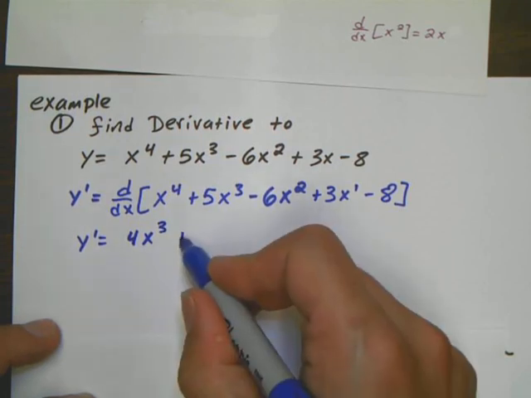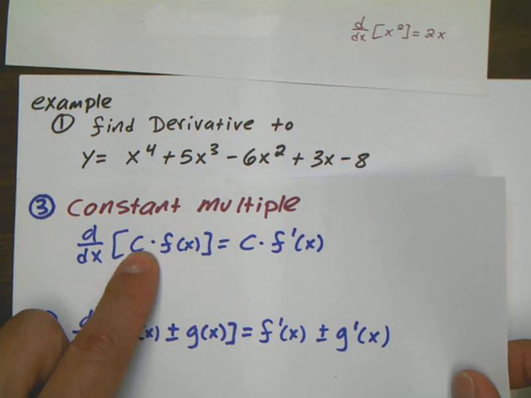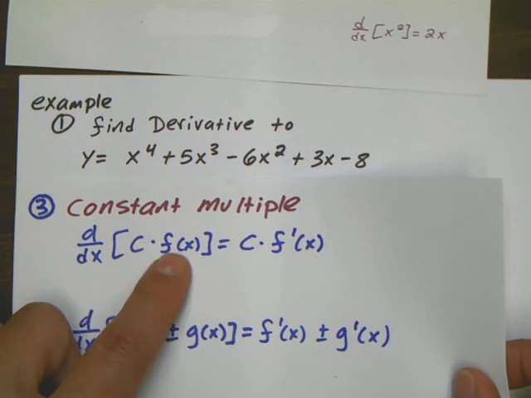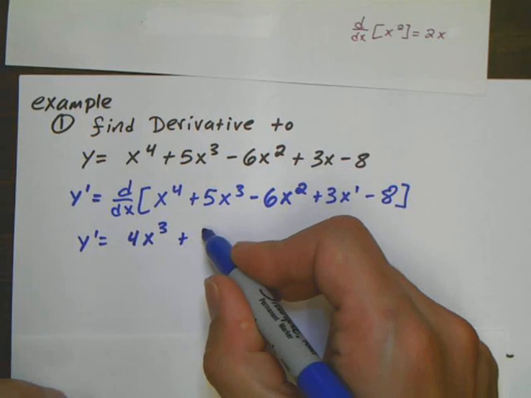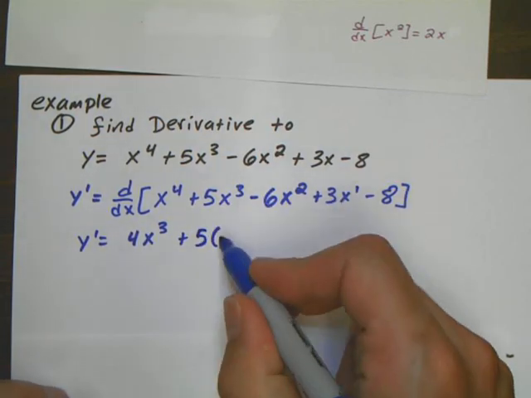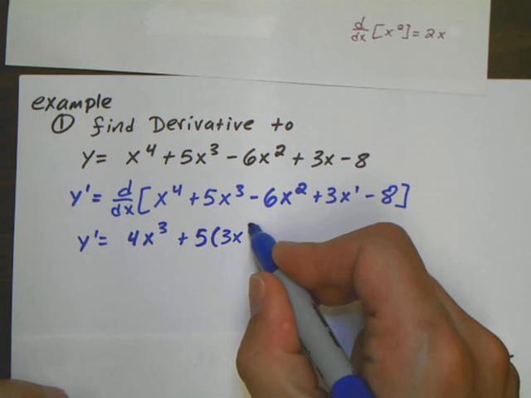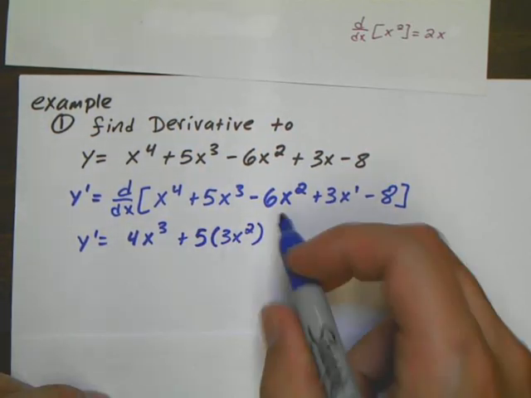Now, the constant multiple rule tells me I can take whatever constant is in front and multiply it by the derivative. So I'm going to take this 5 and multiply it by the derivative of this, which is 3x squared. And then afterwards I'm going to simplify everything.